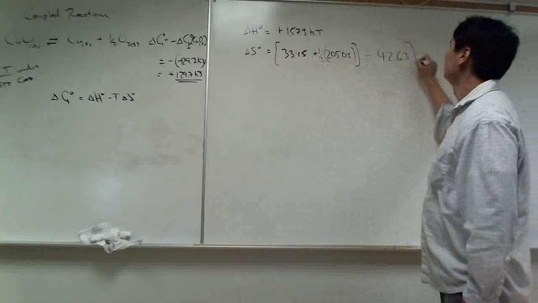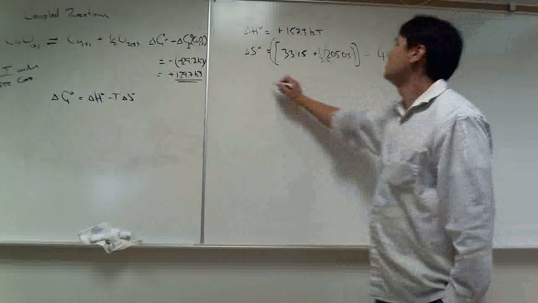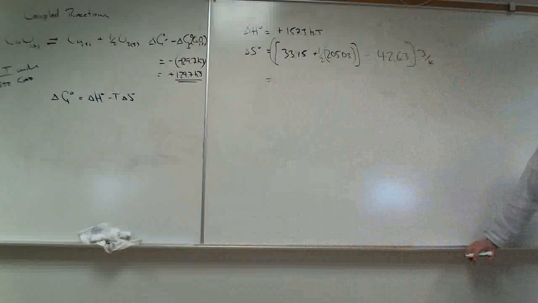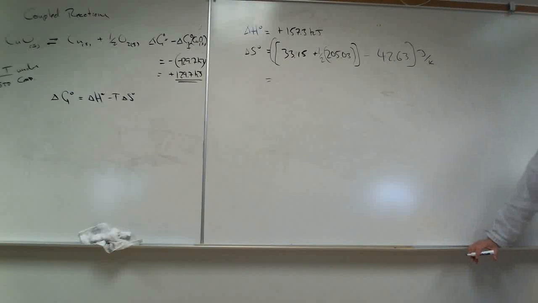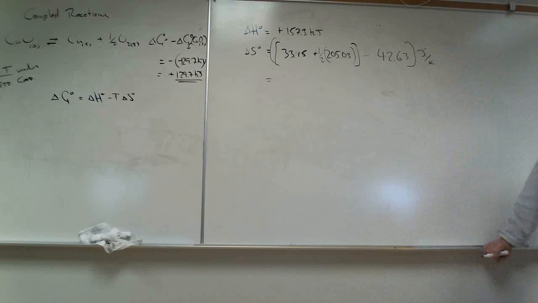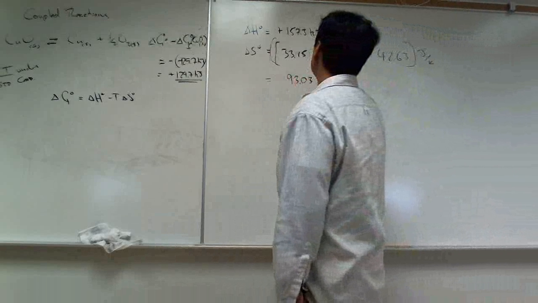Units here, joules per Kelvin. And so what is the entropy change? 93.03 joules per Kelvin.